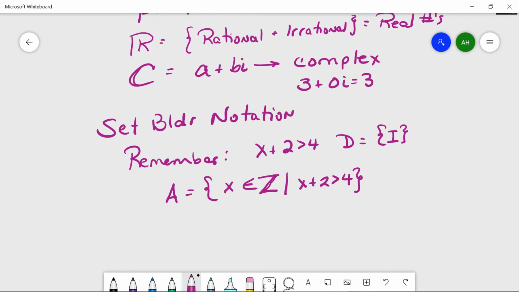Reading this, we're going to write this out.